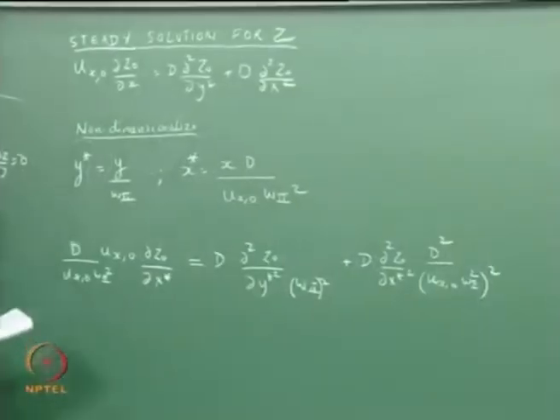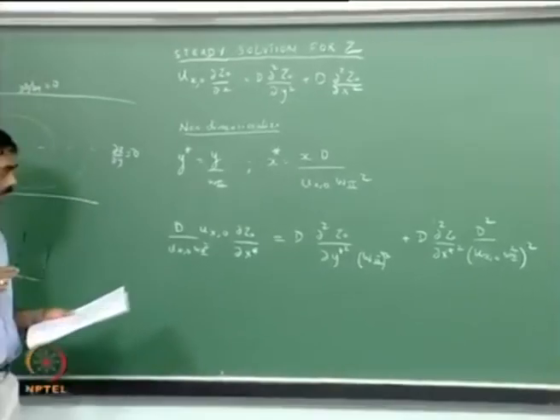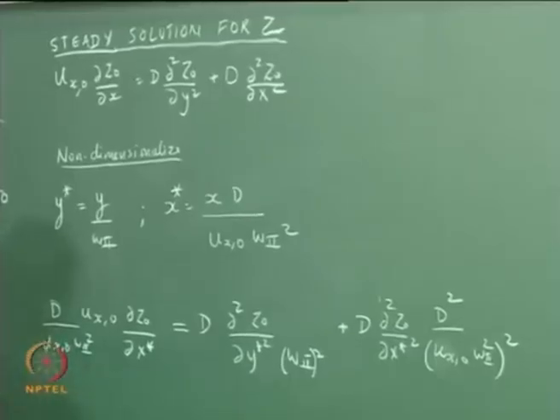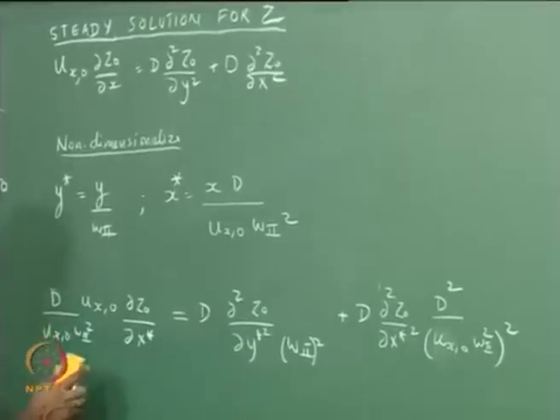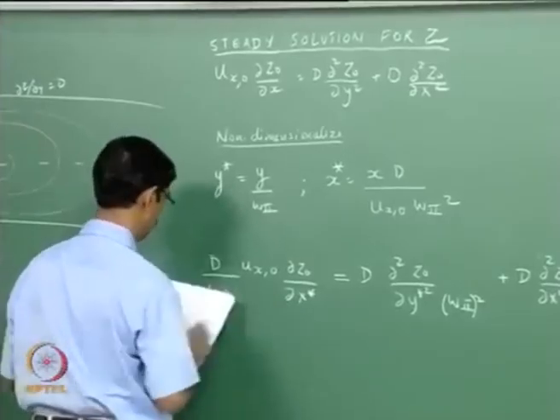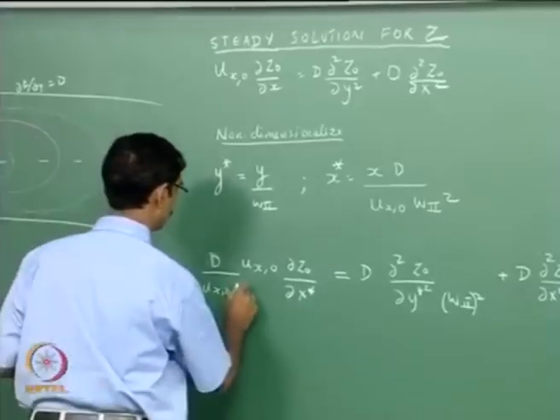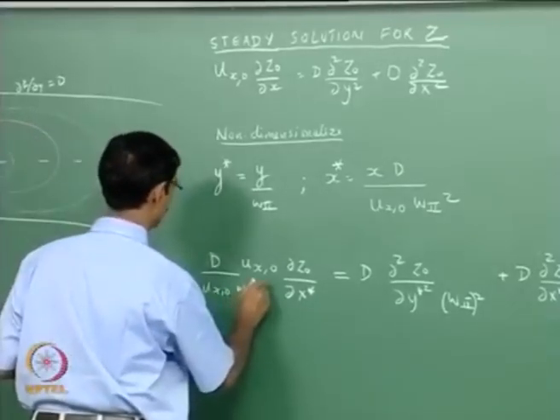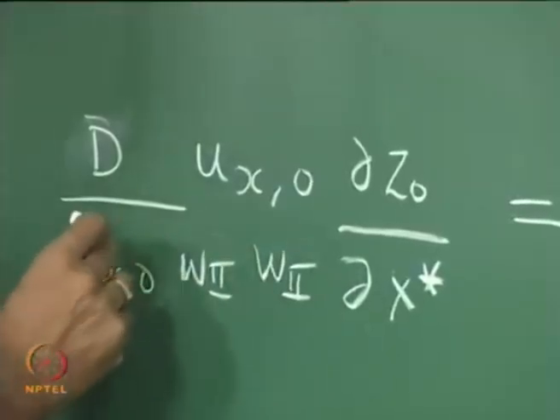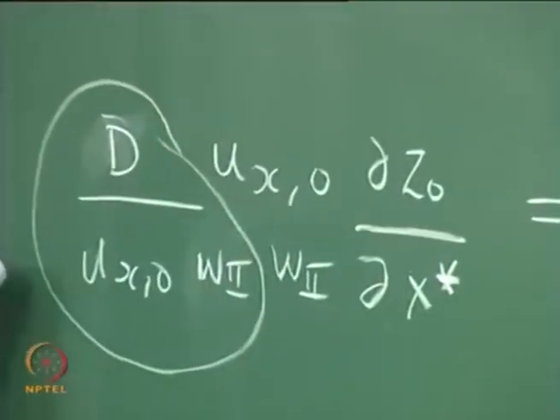I hope this much is straightforward. So we can club... what was our definition of Peclet number? It is u_x,0 W2 over D. So there was W2 squared, so u_x,0 W2 over D. So this would be one over Peclet number, right?